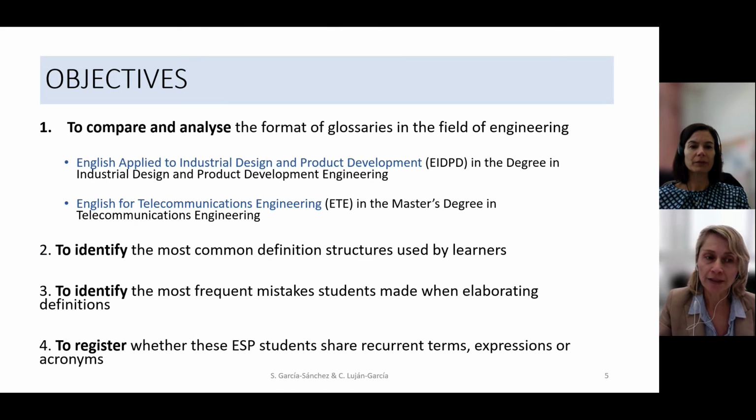Now, here we wanted to introduce the 4 objectives of this study. The first objective would be to compare and to analyze the format of 2 glossaries in the field of engineering. One of the fields is English applied to industrial design and product development in its correspondent degree, as you can see on the slide.